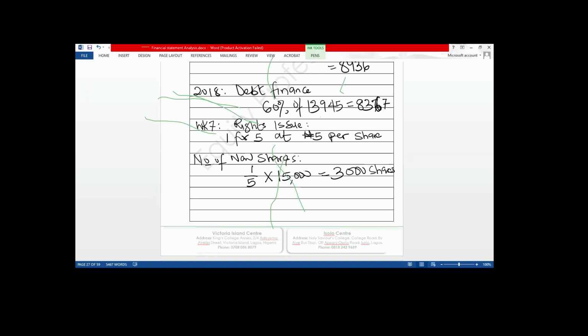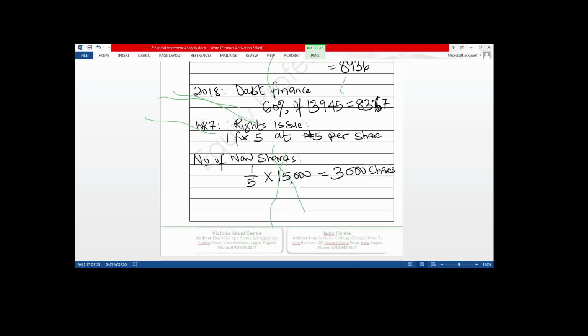And I want to ask the class, under your financial accounting or your corporate reporting, if you issue shares at a premium, how do we treat this in our book of accounts? You credit the share premium account with the difference.